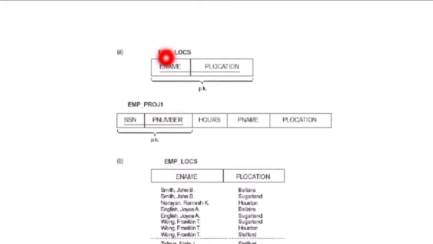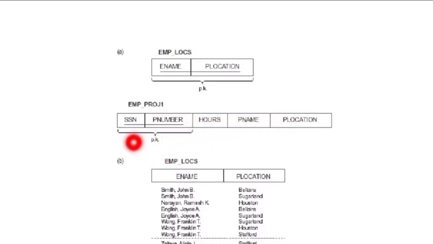The employee location table will have attributes employee name and project location. Here the primary key is a combination of project location and employee name. That is a composite primary key. And the second table is employee project 1, which has SSN, project number, hours, project name, P location.